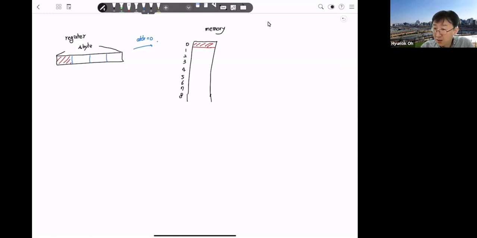If the address is 1, the second byte is moved to the second location of the register. Address 2 gives the third byte, and finally address 3 gives the last one.